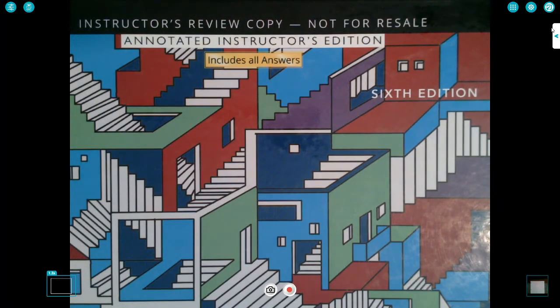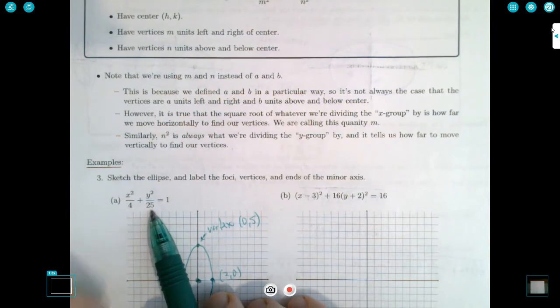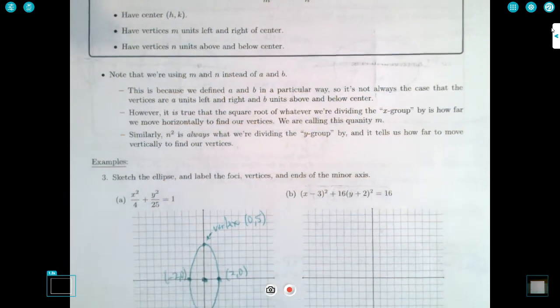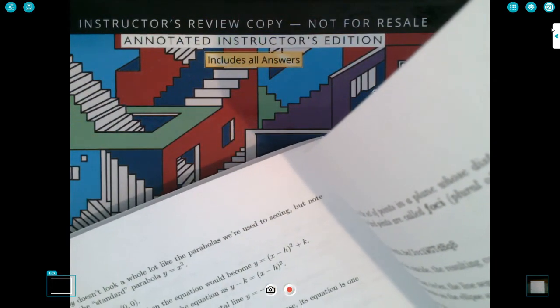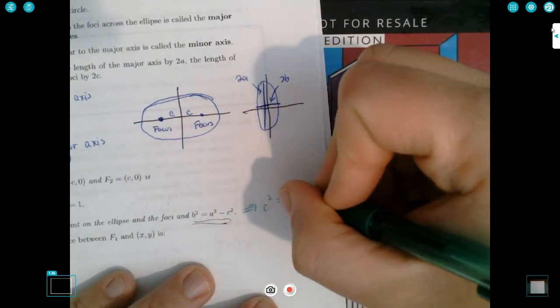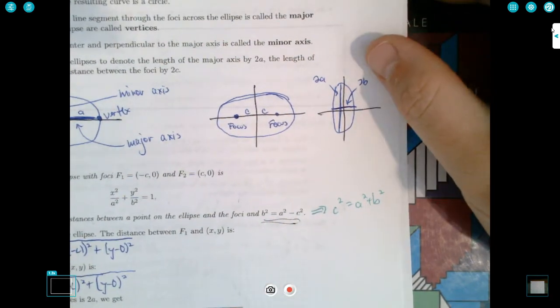We can identify a and b really easily. a in this case is 5, and b in this case is 2. So again, b squared is a squared minus c squared. We could rearrange this and say c squared is a squared minus b squared. So it's just Pythagorean.